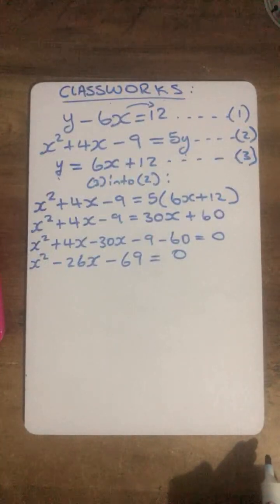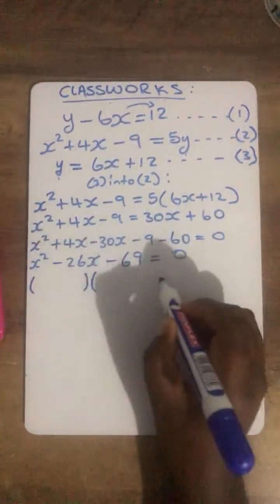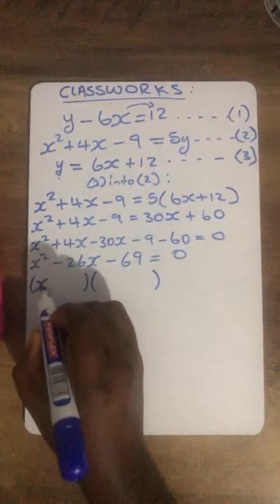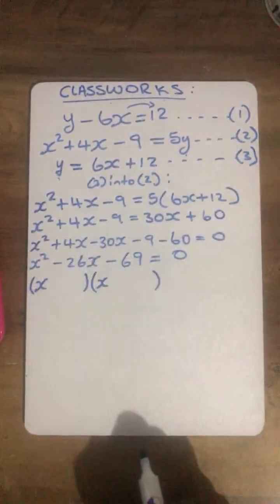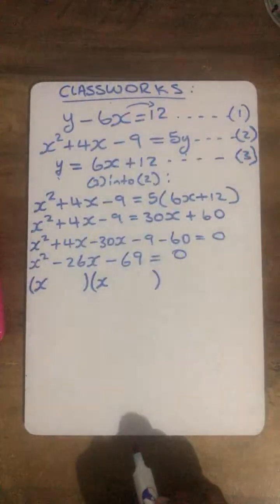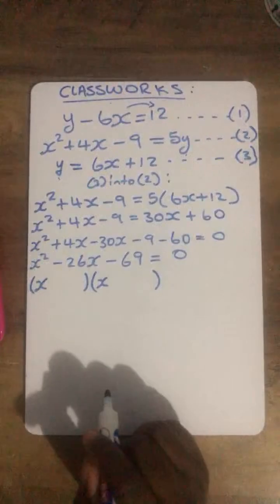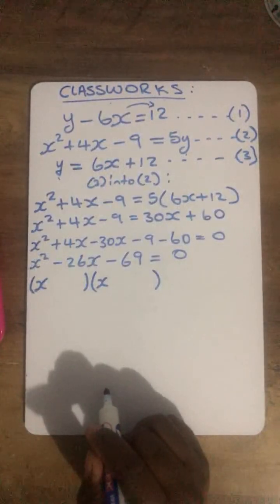Let's see if we can factorize this thing, honorable members. So it's like we have (x )(x ) there.